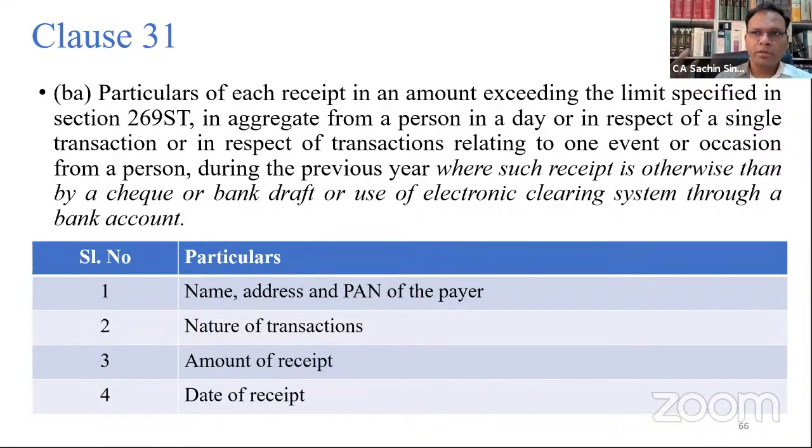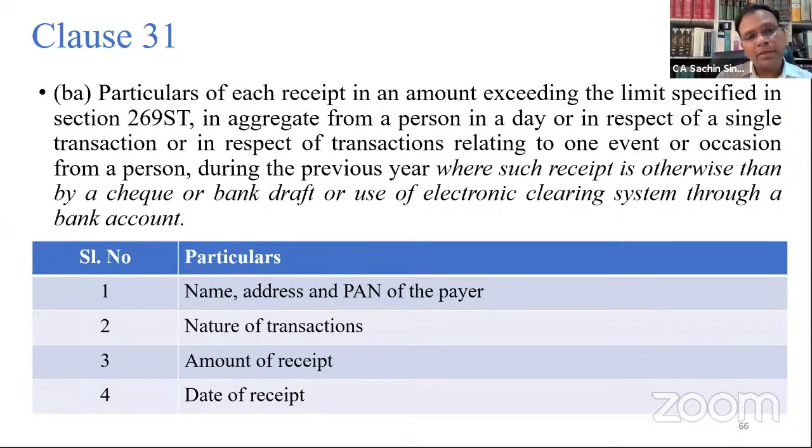So assuming you booked a banquet hall of rupees 3 lakh, and the person who is taking the service is making the payment of 3 lakh by cash, then of course the payer is not liable to report anywhere because he is out of the ambit of tax audit, and that too is of a personal nature. But the receiver is carrying on his business, so that is to be reported by the receiver.